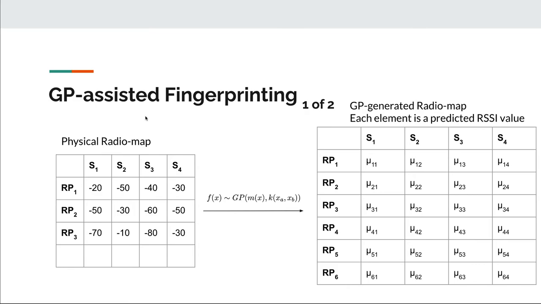Instead, it consists of RSSI values, and each RSSI value is the mean value of the corresponding Gaussian distribution. In other words, the radial map from GP-assisted fingerprinting is of the same type as the physically collected radial map, except all RSSI values are artificially generated through Gaussian process, and we're talking about a radial map expanded however much we want.